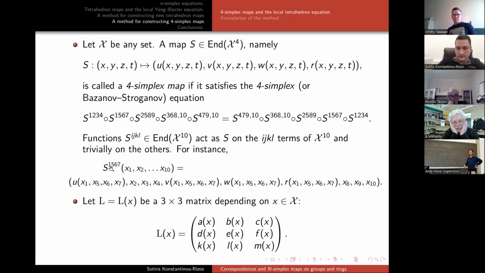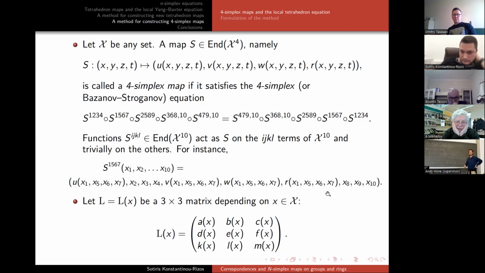So S1, 5, 6, 7 means that I will act on the 1st, 5th, 6th, and 7th of this set of 10 variables exactly as the map indicates, and on the rest trivially. So I will change X1, X5, X6, and X7 to functions U, V, W, and R of these variables, and the rest remains as they are.